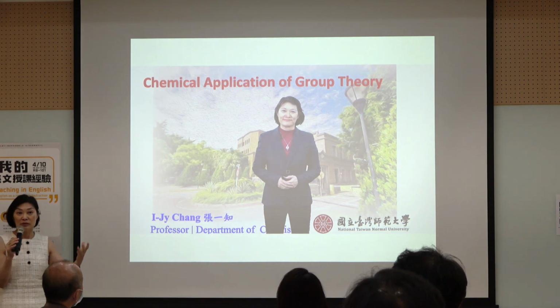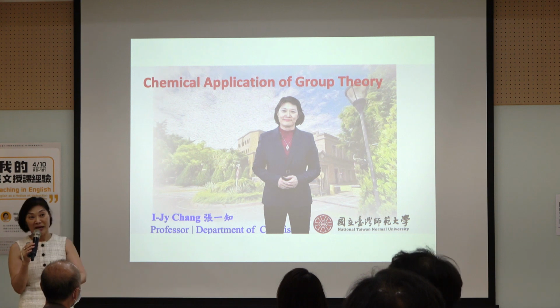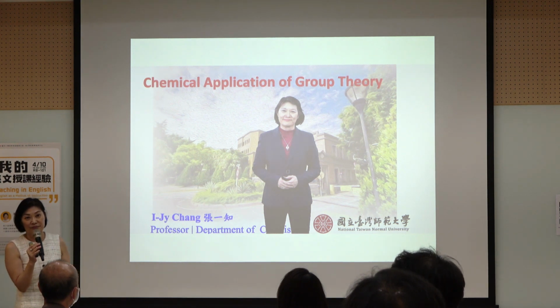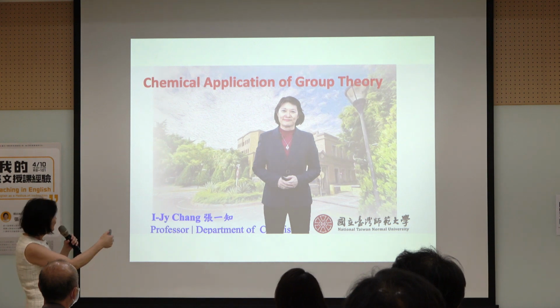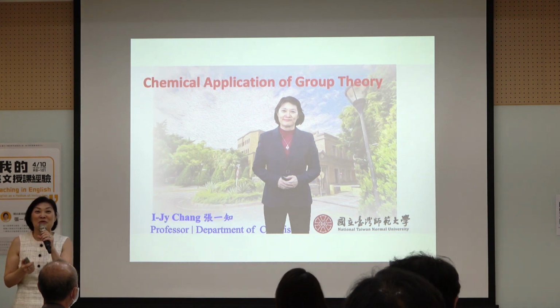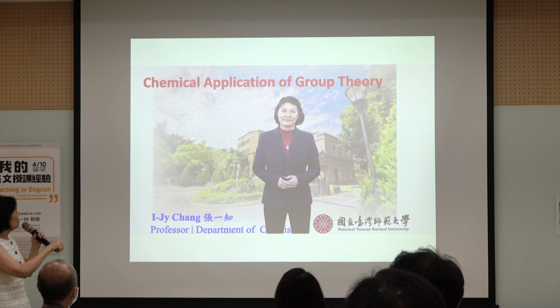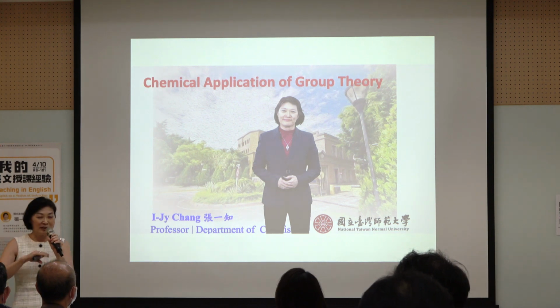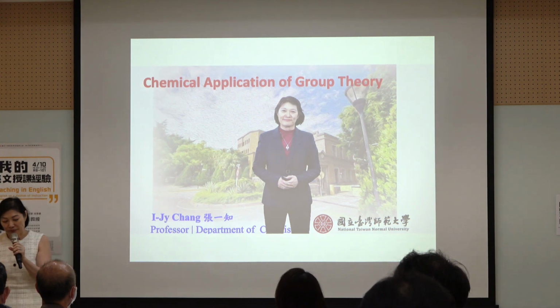I learned some different tricks and different methods. So I decided to incorporate them all together. The second time I decided to teach in English, I decided to do things totally different.